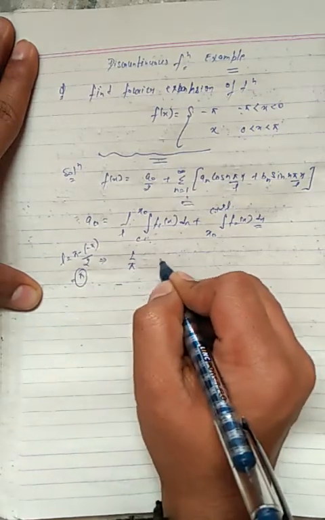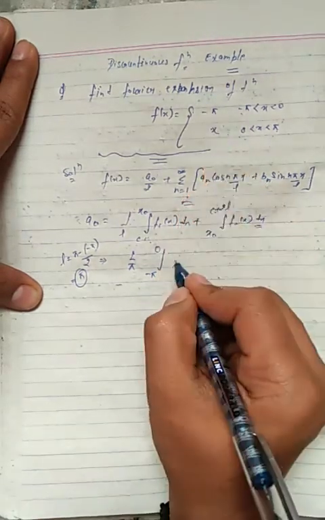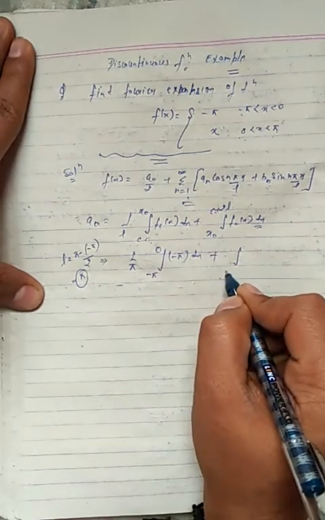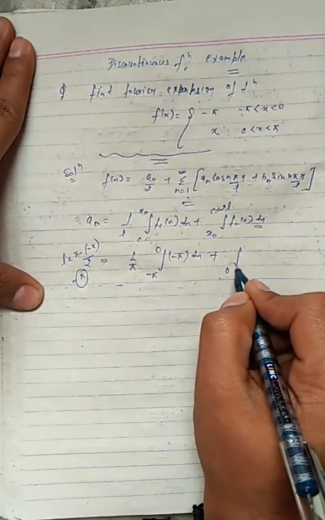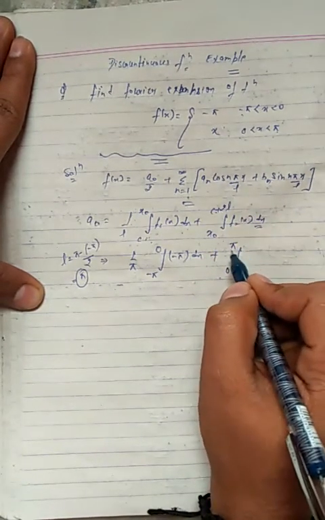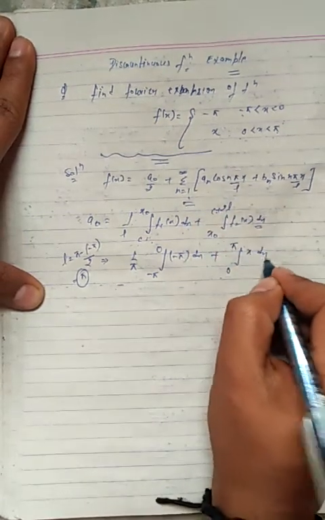So 1 upon pi integration of c is minus pi to 0, f1 is minus pi dx, plus x naught is 0 and upper limit is pi, and the function is x dx.